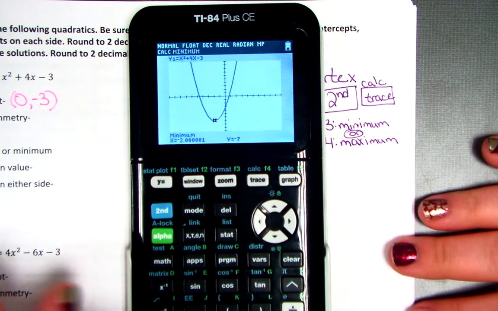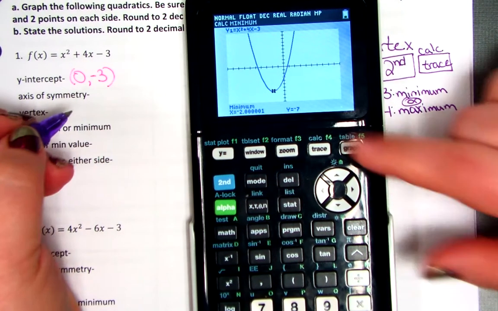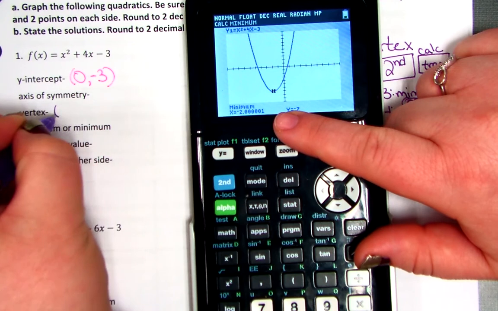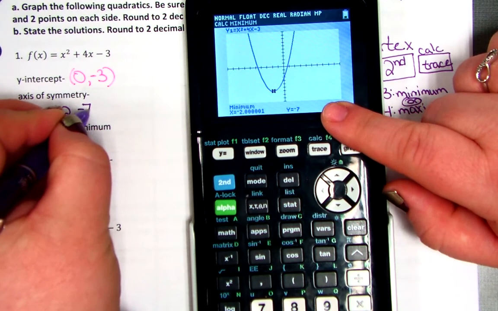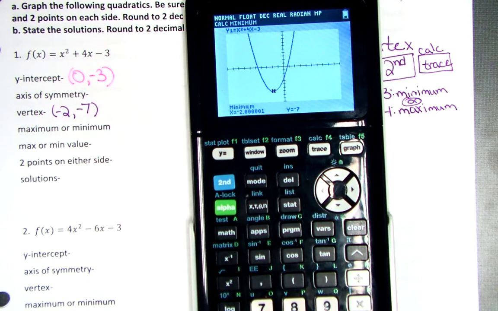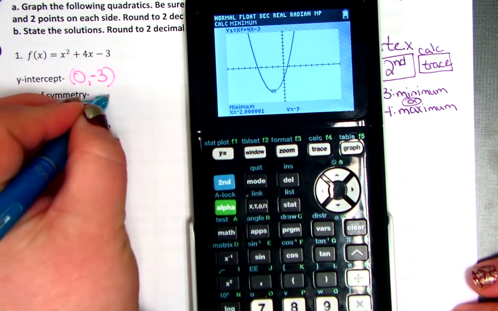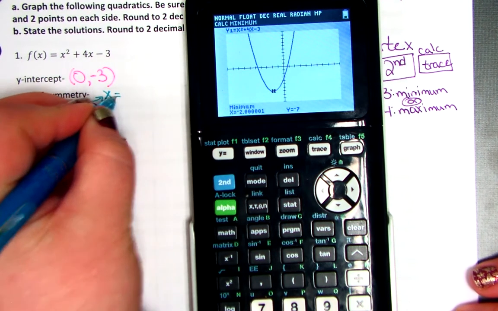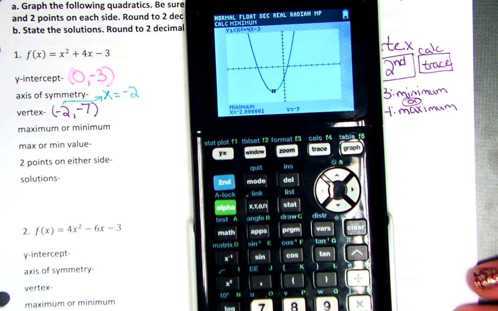But we'll go ahead and copy down our vertex. It's at -2 and -7. Now that vertex, if you remember, gives us some important information. The x coordinate of it gives me my axis of symmetry, which is always written as an equation: x equals -2.